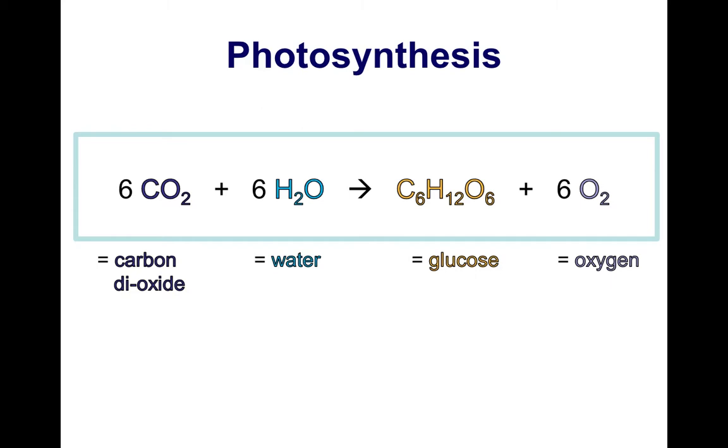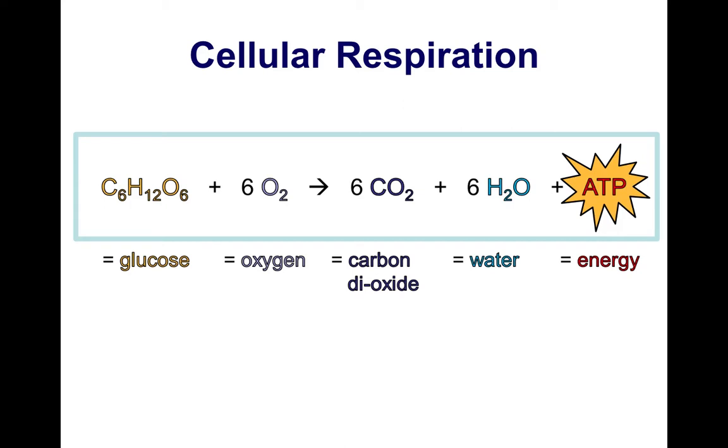Well, there is a reason why I bring up this formula again. And that is that cellular respiration is essentially a reverse of photosynthesis. We just rearrange the order of what goes in and what comes out.